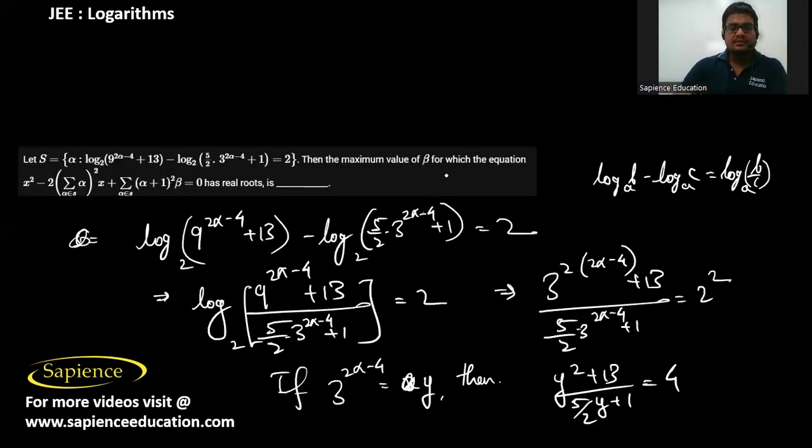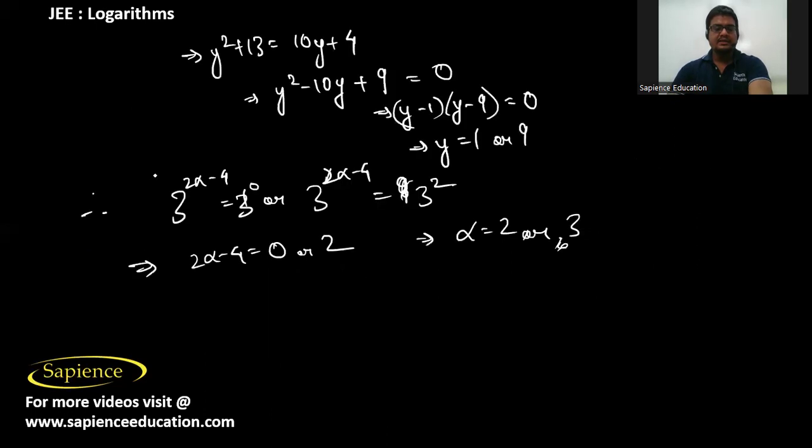So the maximum value of beta for which the equation x square minus 2 summation alpha whole square x into x plus summation of alpha plus 1 whole square beta equal to 0 has real roots is. The equation given is a quadratic equation.